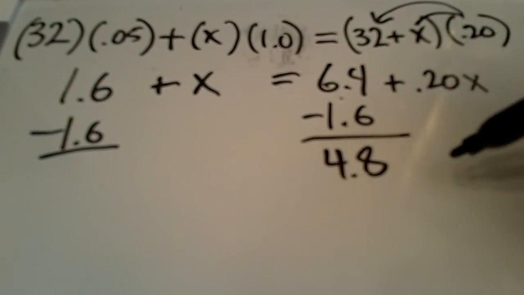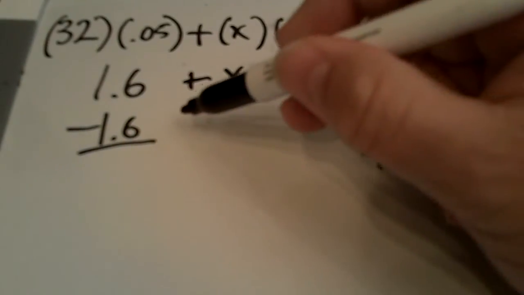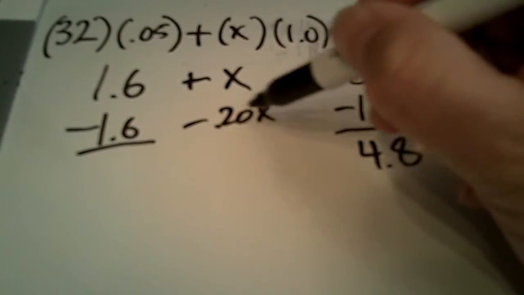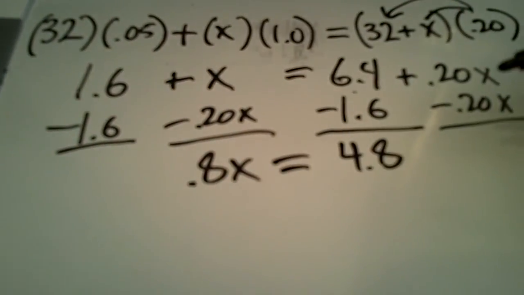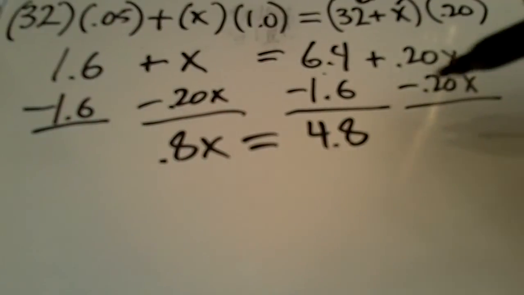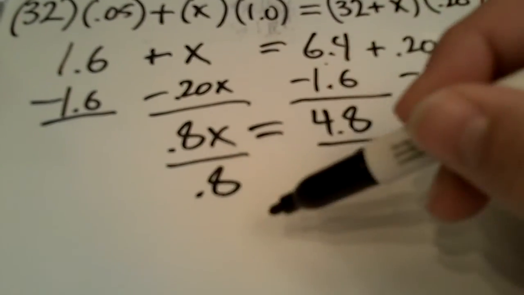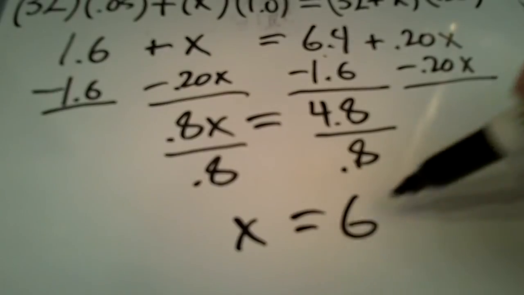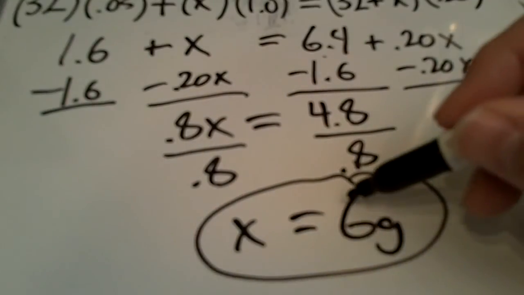That equals 4.8. Now we're going to get rid of this. Okay, so now what we've got is 0.8x equals 4.8. We're going to isolate. X equals 6. Alright, so that is my answer.